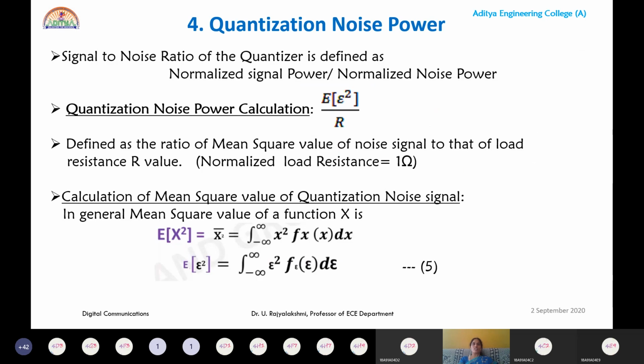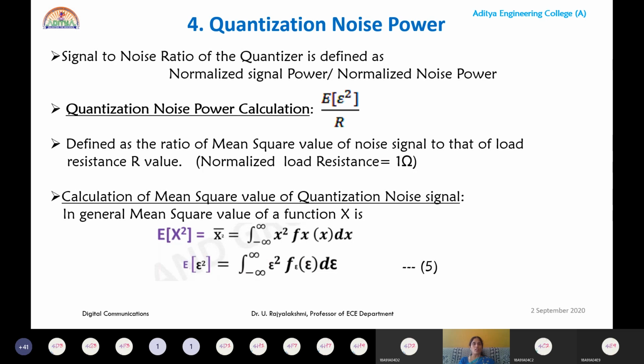So, what is our final intention? Our final intention is to calculate the SNR, signal to noise ratio, of the PCM system. What is the general definition? Signal to noise ratio is defined as the ratio of normalized signal power to normalized noise power.